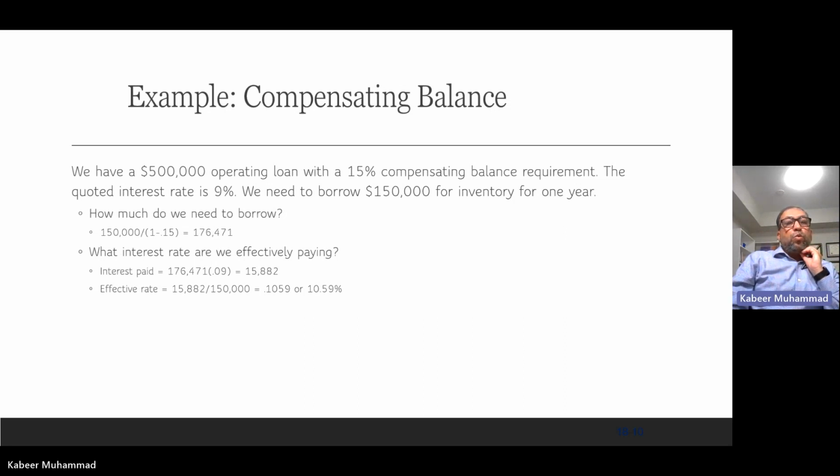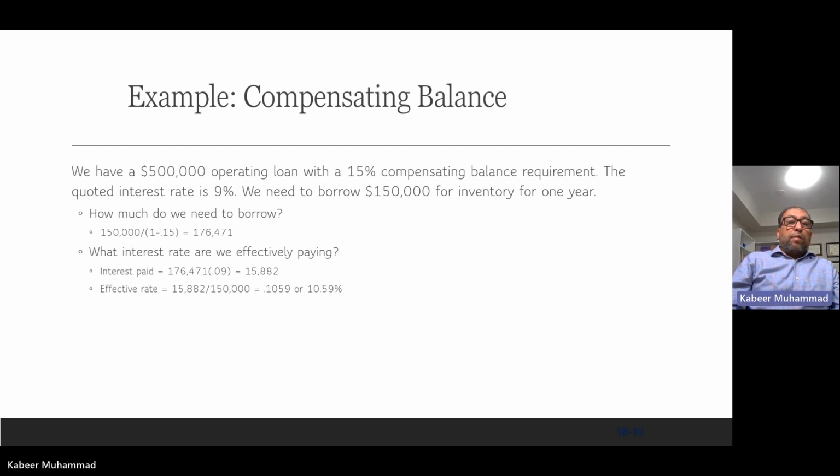What interest rate are we effectively paying? We have to pay interest on 176,471, not only 150. If we pay interest at 9% on 176,471, the amount is 15,882.